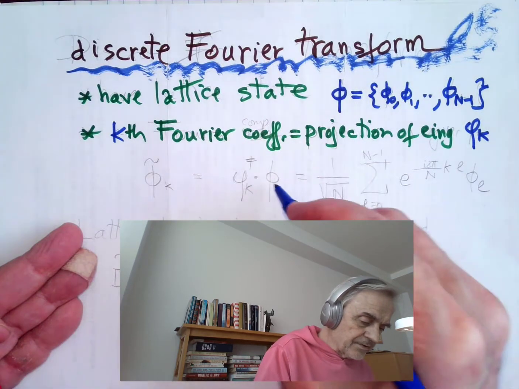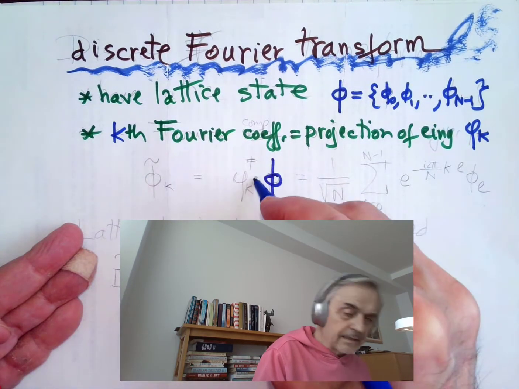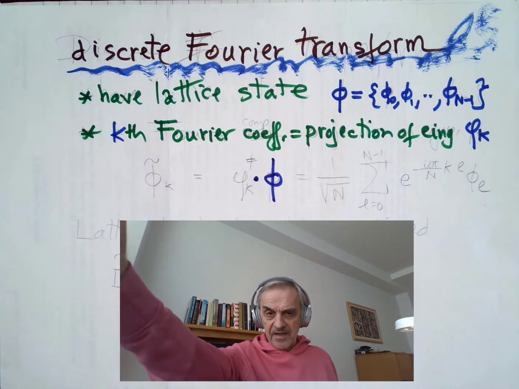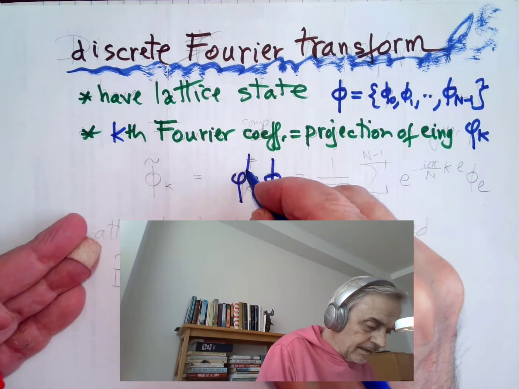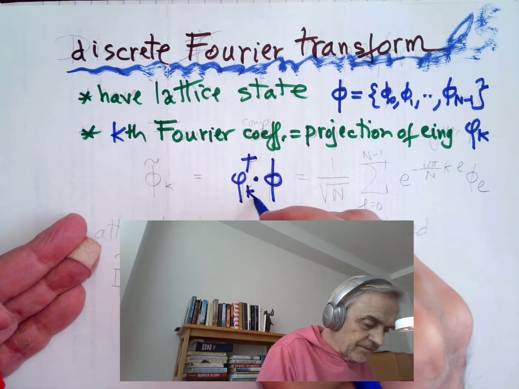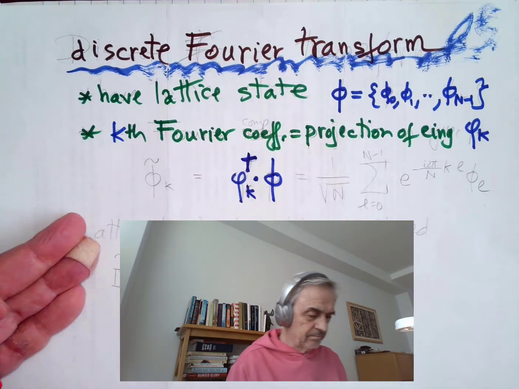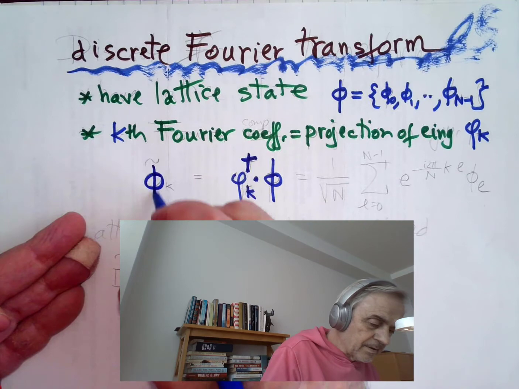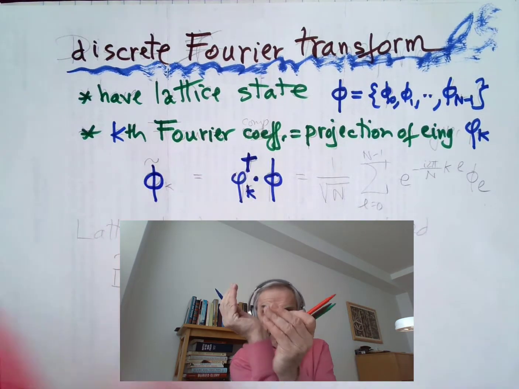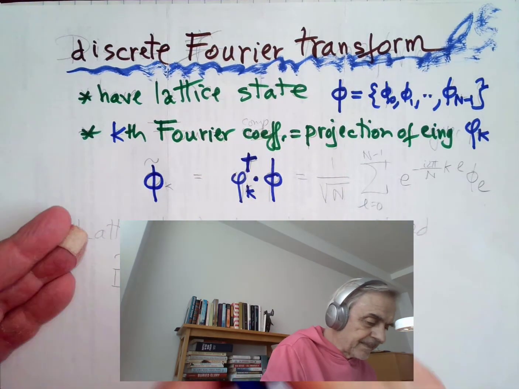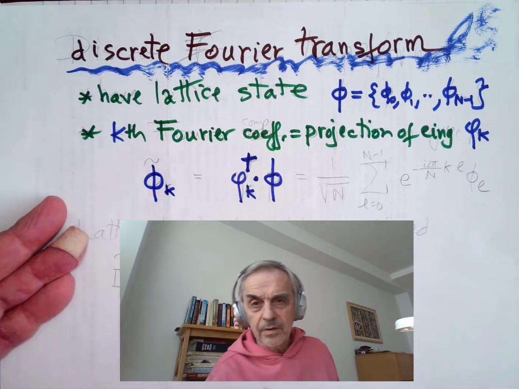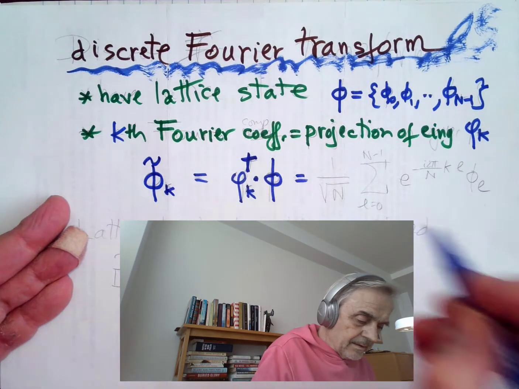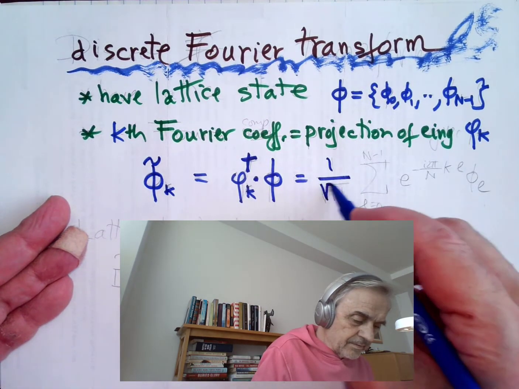You take your state. I come with my eigenvector in the kth direction. I dot it with Hermitian conjugate. And I call the number, because two vectors dotted just return a number, the kth Fourier component, which is 1 over square root of n.